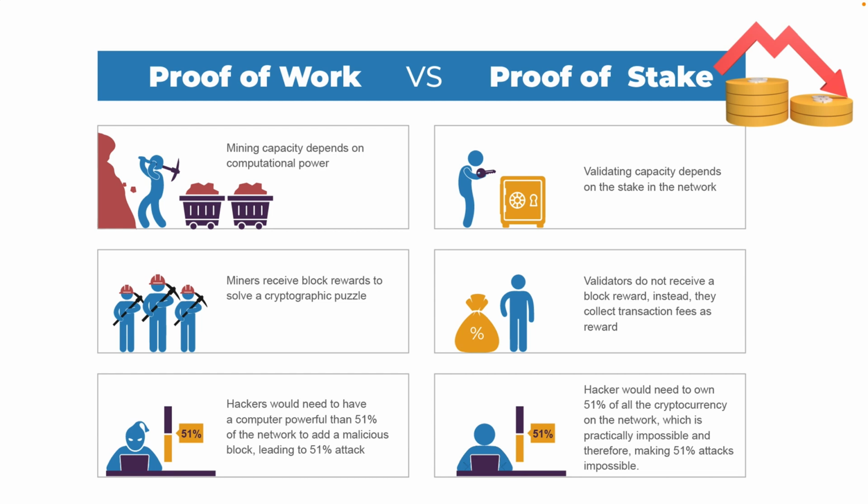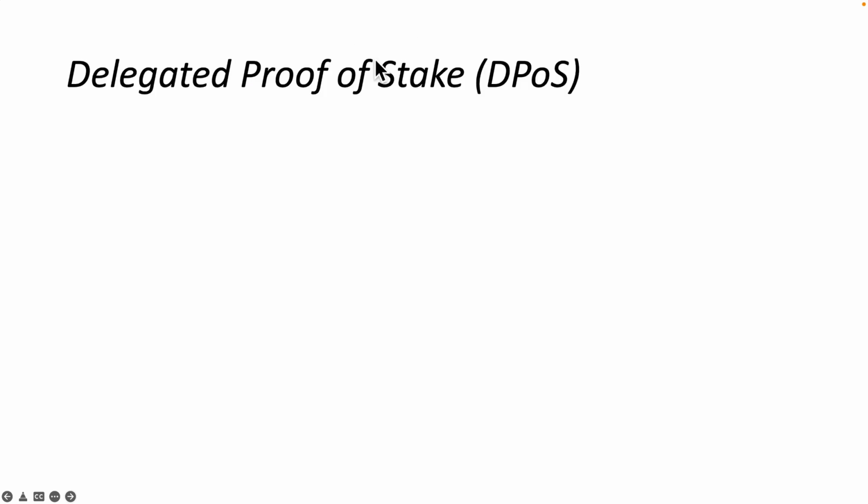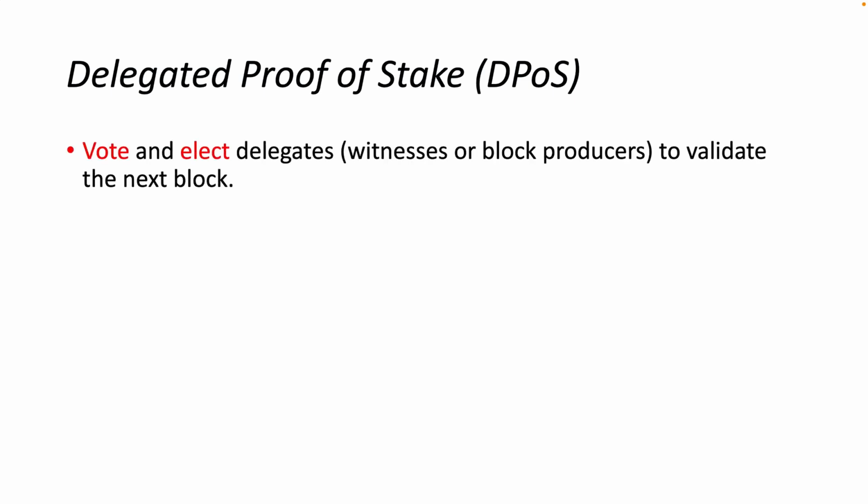Proof of work and proof of stake are the most prevalent consensus mechanisms in the blockchain world. These two are the most important. Now let's check what delegated proof of stake is. This mechanism works similarly to proof of stake, but it features a voting and delegation mechanism that makes the process even more democratic.